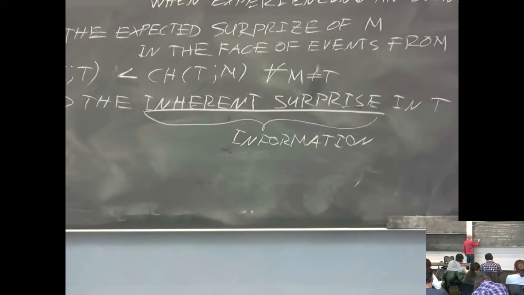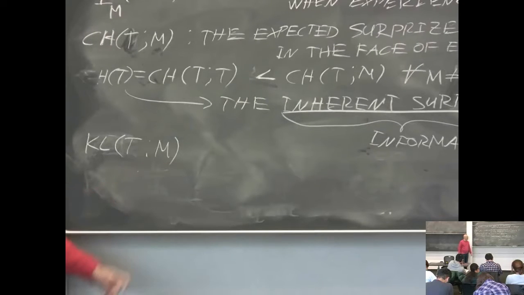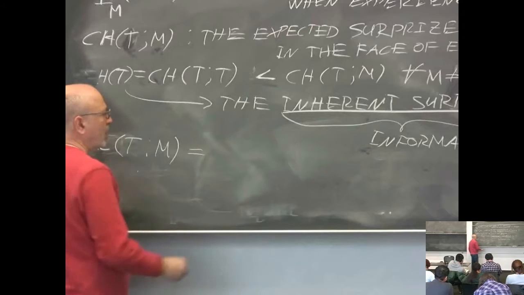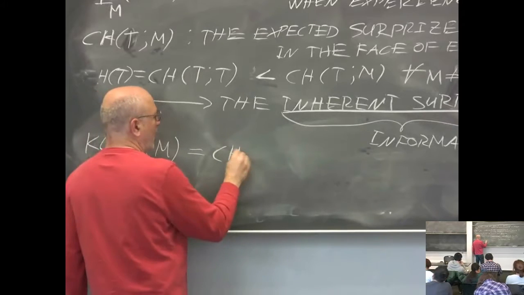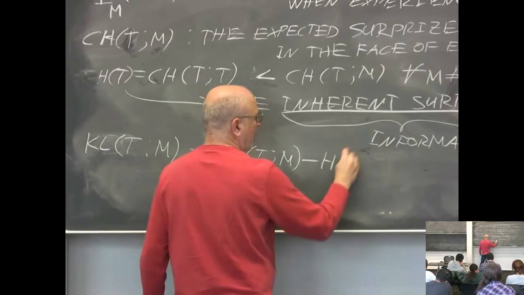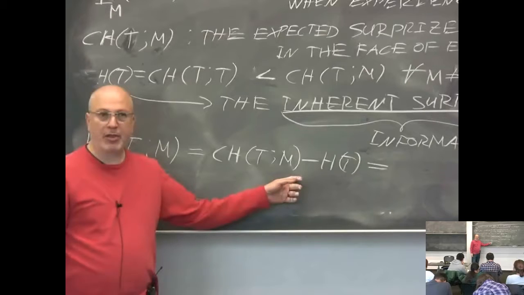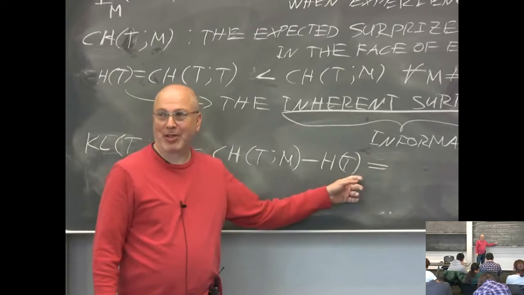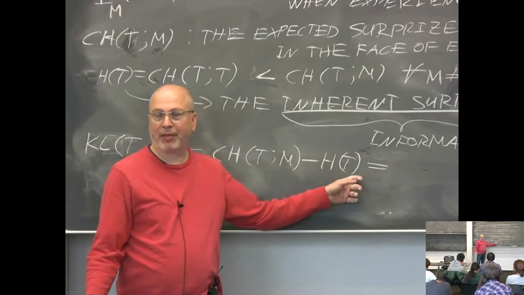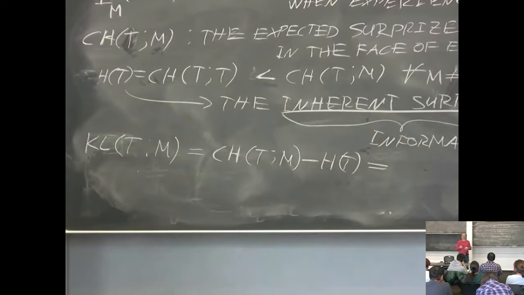The KL distance from distribution T to distribution M. And of course, it's defined for any two distributions, but I like to use the letters T and M. Is the difference between the cross entropy from T to M and the cross entropy from T to itself, which is the entropy of T. It's the difference between the average amount of surprise that M experiences and the average amount of surprise that T experiences when they're both exposed to events from T, which means it's the difference between how much surprised you are and how much surprised you could be, the smallest amount possible. So in other words, it's a measure of the unnecessary added surprise.